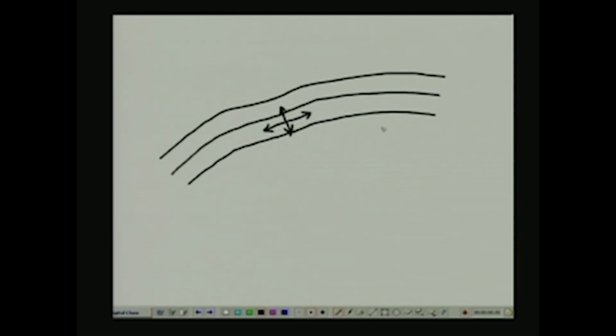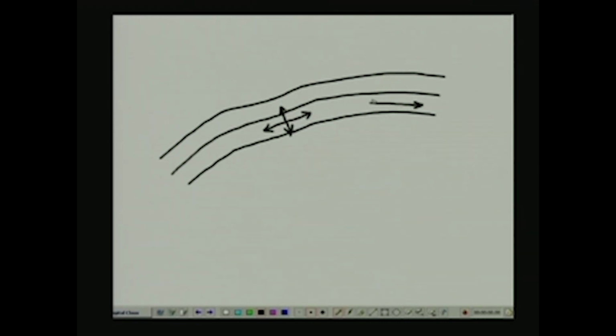Now, if you have got layering of that type, then what you would expect is that one of the principal planes is going to be like that, and another one of the principal planes is going to be aligned in that manner.